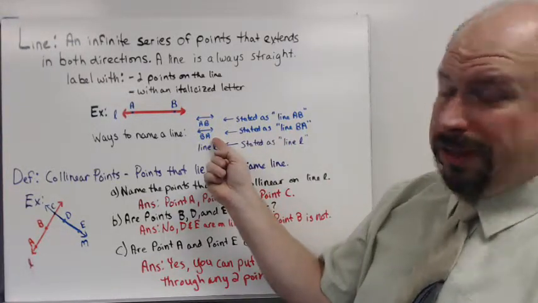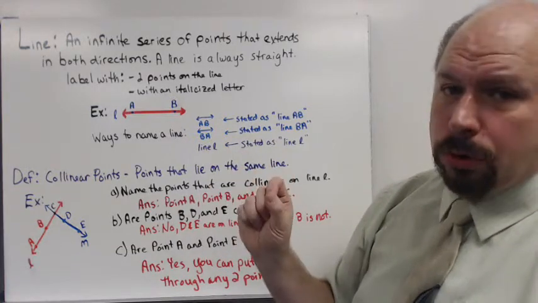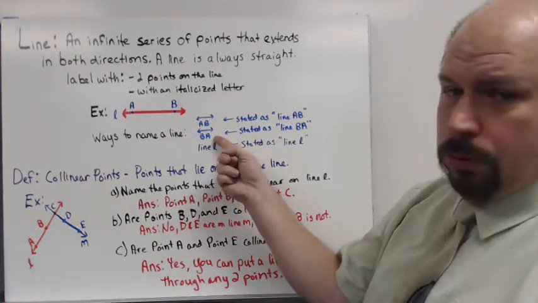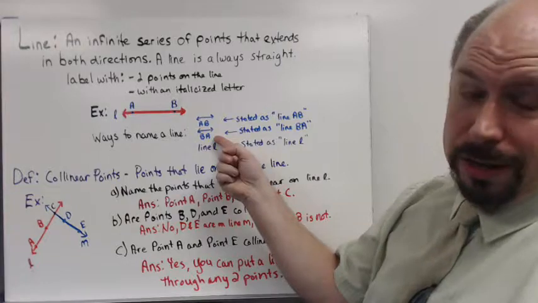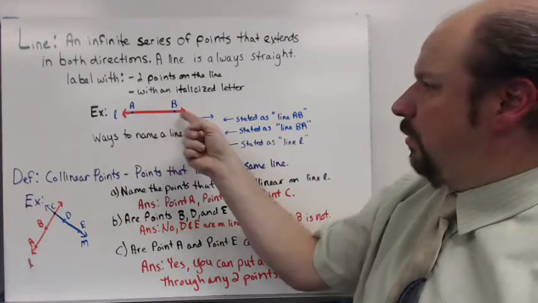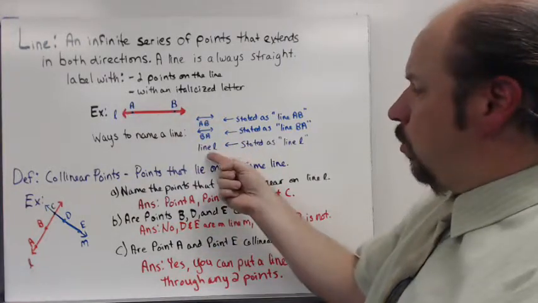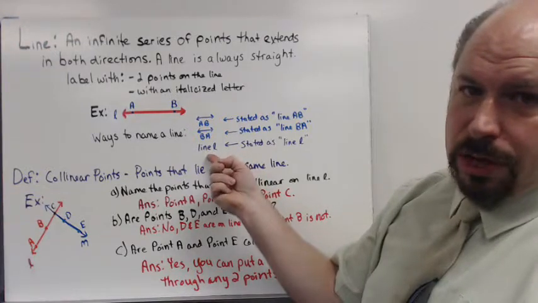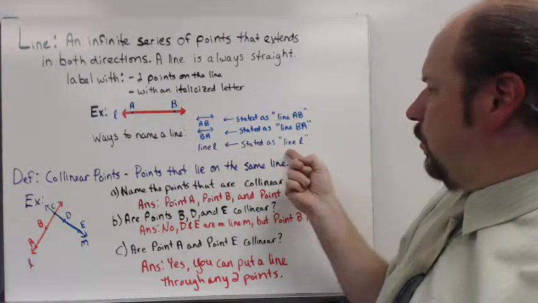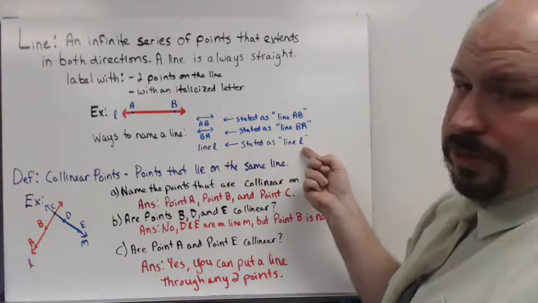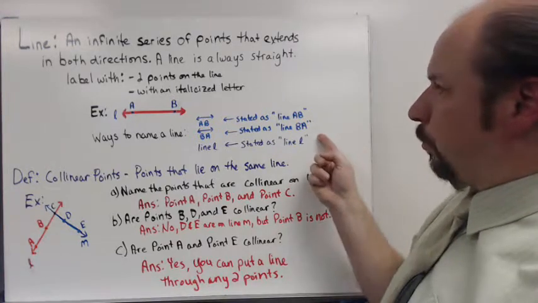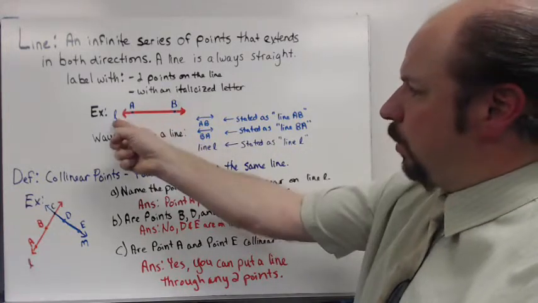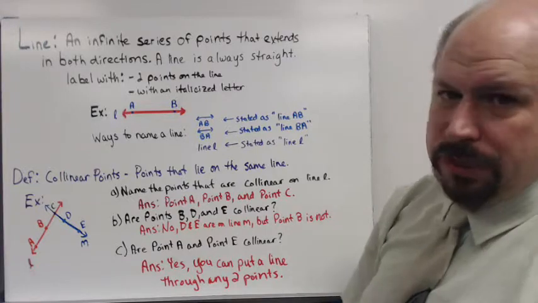We could name it in the other direction. It doesn't matter what order we use for points on a line, so we could call it line BA. Just use it in the reverse order. Or we could also just call it line L, stated as line L. So there are 3 different ways, with these 2 points and the letter, to name this particular line.